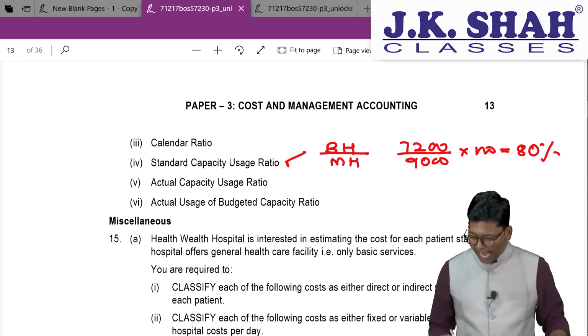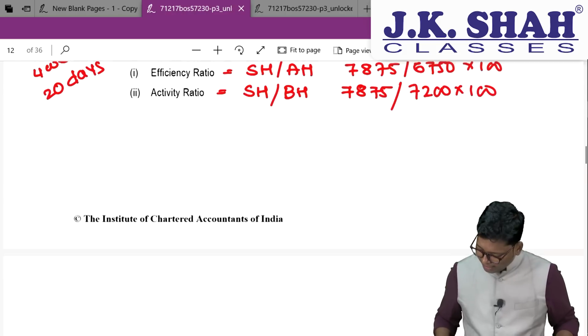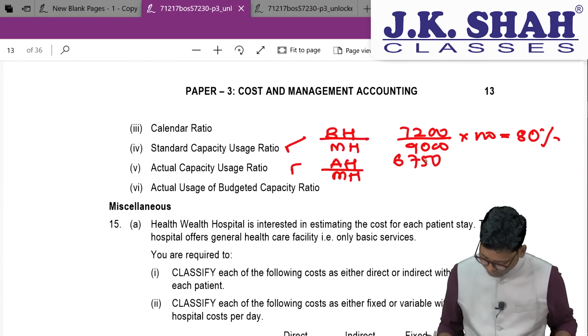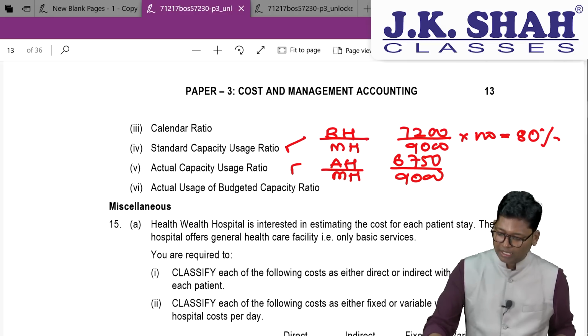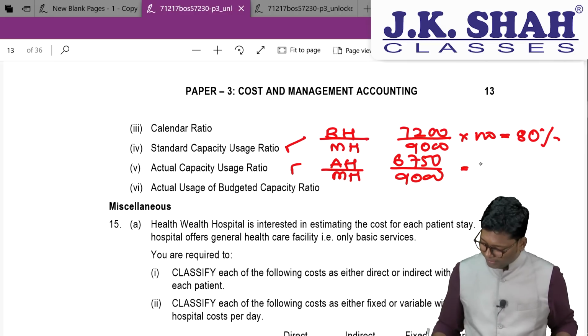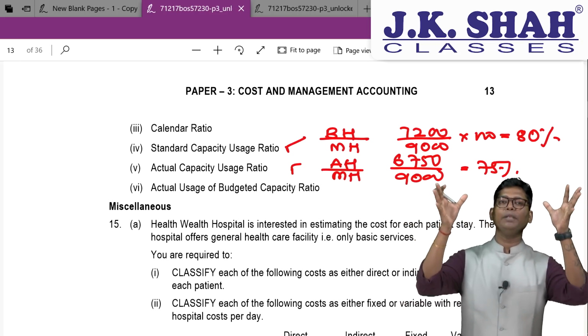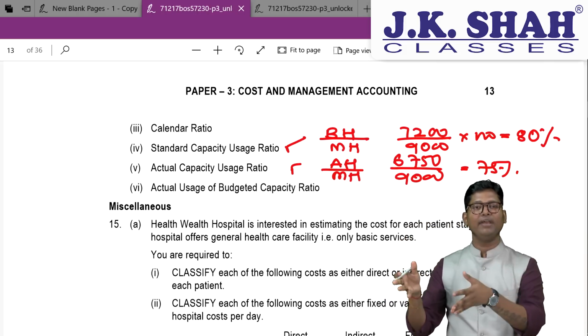Correct, no? Actual capacity shows actual hours worked by you as compared to the maximum hours. Actual hours are given in the question. They are 6,750. When you divide 6,750 by 9,000, you are going to get 75%, meaning whatever was the total maximum capacity, you prepared the budget for 80%, but actually you completed the task in 75% only.